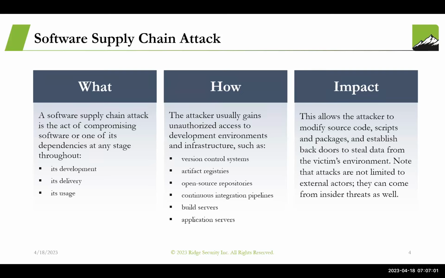The attacker manages to somehow gain access to the dev environment and the software build infrastructure. For example, the build servers, the artifact repository, the open source repository, the version control system for the source code, etc. And what is the impact? It's actually pretty serious. The attacker can modify source code or scripts. They can create backdoors in the app so that at a later time they can steal data.